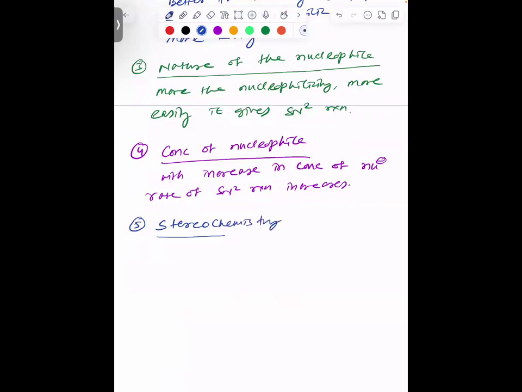Then the nature of the solvent. Stereochemistry, then nature of the solvent. Okay, in SN2, what will be the stereochemistry? Can you tell what will be the stereochemistry?